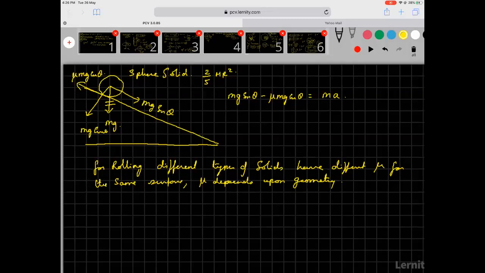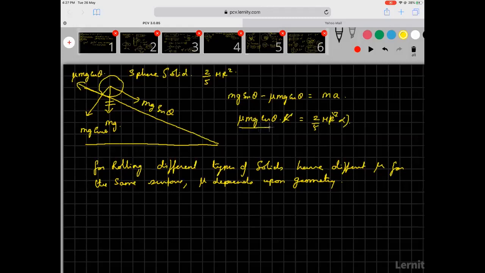If the body is rolling, then I can say mu mg cos theta into r is equal to I alpha. What is I equal to? I is equal to 2 by 5 mr squared, times alpha. One r gets cancelled here. R into alpha is equal to a.